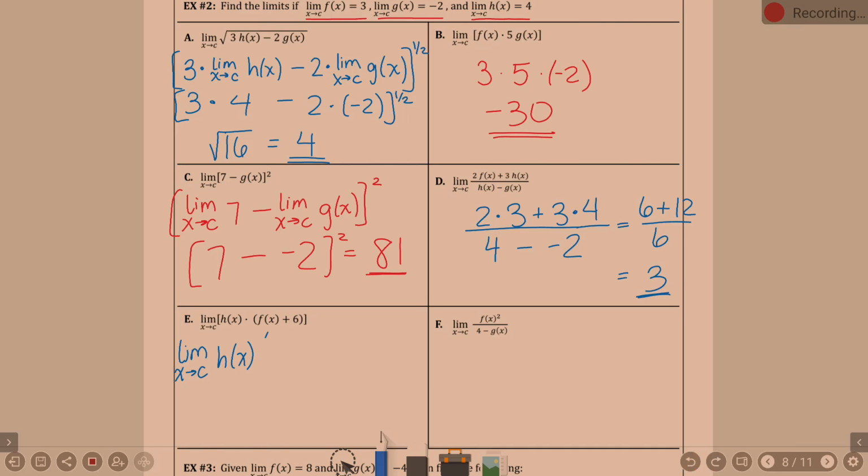And then it's times the limit as x approaches c of f of x, and then plus the limit as x approaches c of 6. That's what I meant. Okay? So, 4 times parentheses 3 plus 6. 4 times 9. 36. Okay.